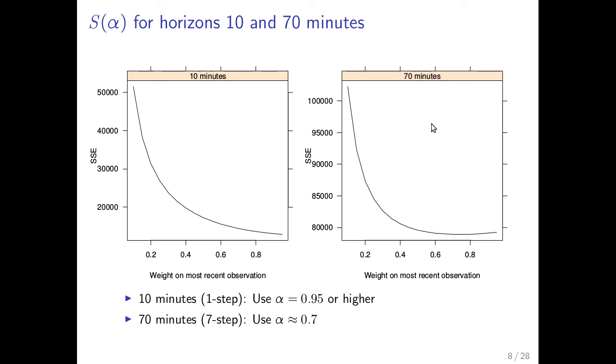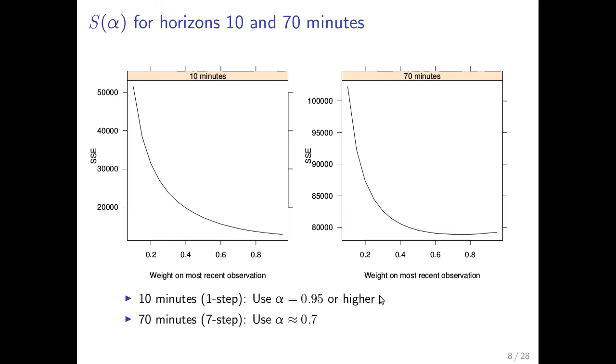If we go up to 70-minute prediction, you can see that as long as you are in the range of, say, 0.6 to 0.8 for alpha, so you put a lot of weight on the most recent observation, but also some weight on the past, the optimum is around 0.7. So 70% weight on the most recent observation.